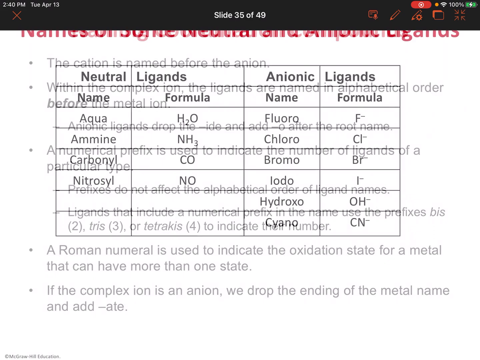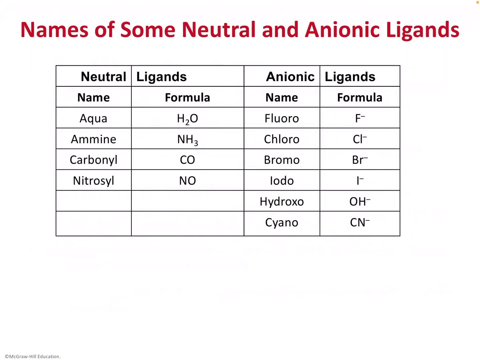Let's look at some examples. You will understand it a little bit more. These are some names of some neutral and anionic ligands. Water is named aqua. Ammonia, NH3, is ammine.